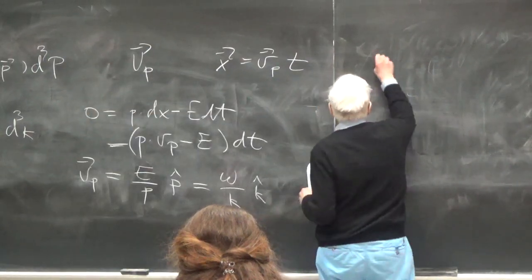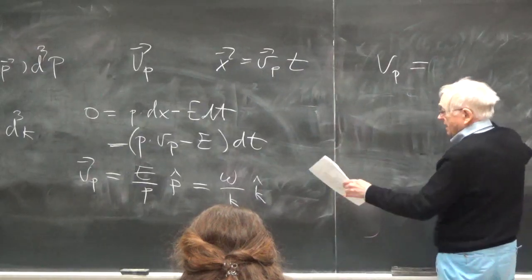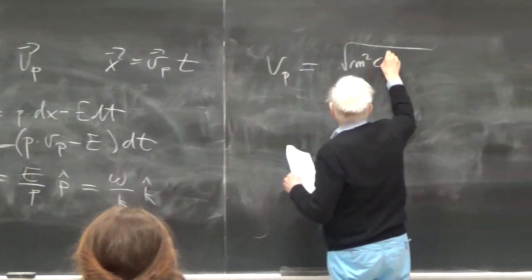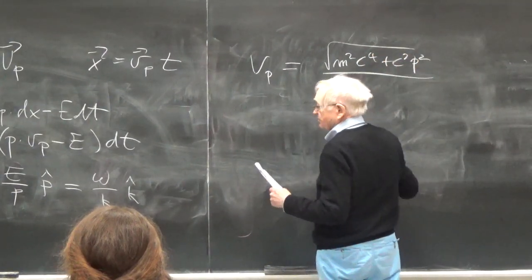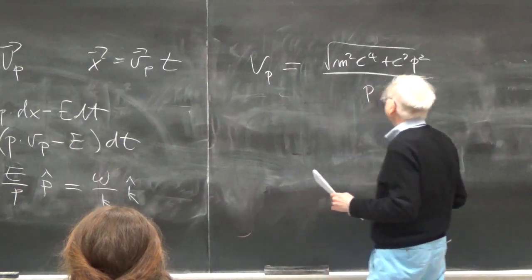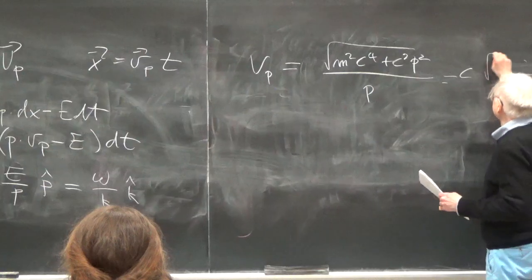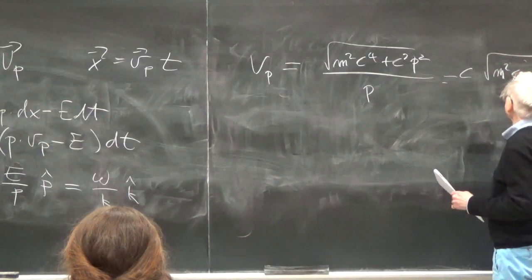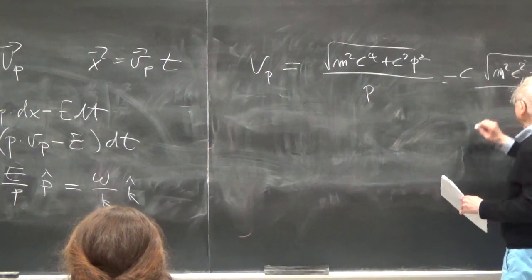So the phase velocity for a particle of mass m, in magnitude, is the square root of m squared c to the 4th plus c squared p squared, divided by p. And so that is a factor of c out, and it's c times the square root of m squared c squared plus p squared over p.